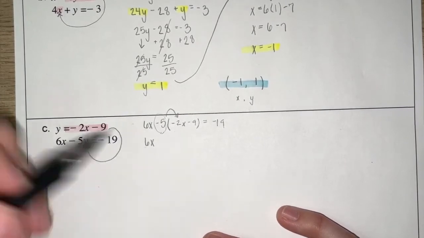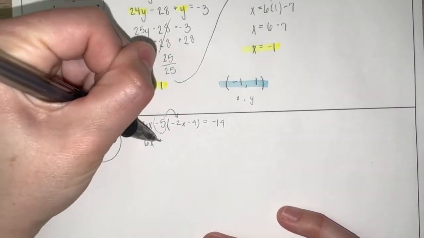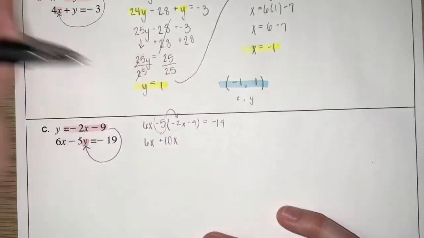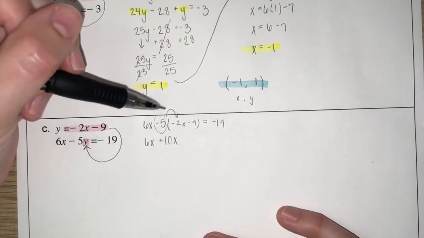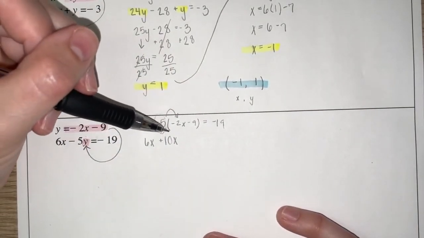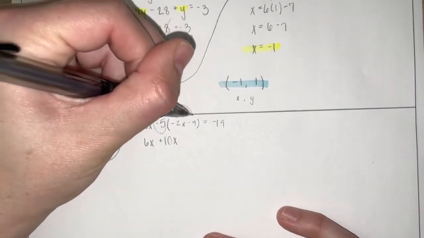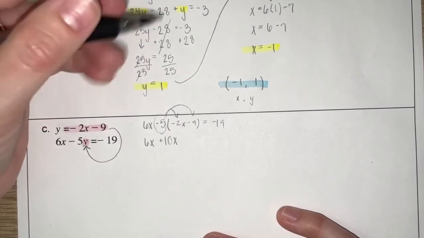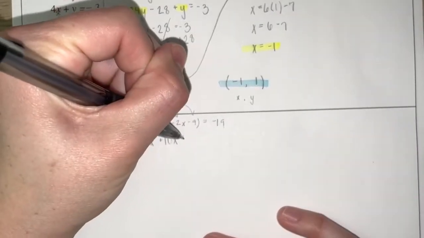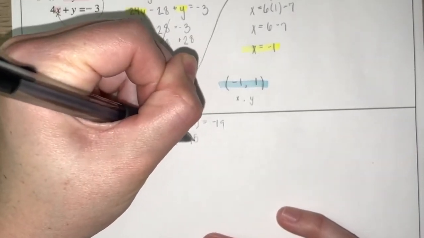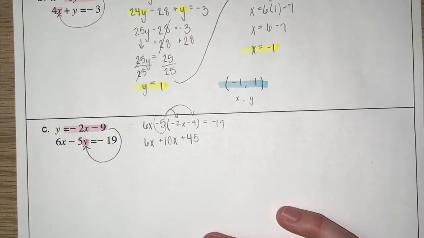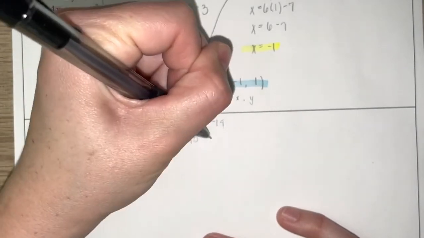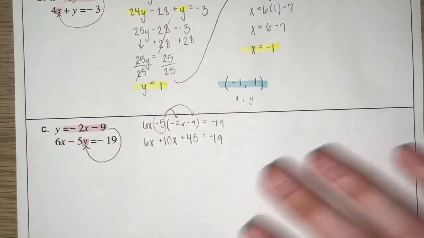Negative 5 times negative 2 is positive 10, and that x just tags along. So negative 5 times negative 2x is positive 10x, and negative 5 times a negative 9 becomes a positive 45. Remember, a negative times a negative, or an even amount of negatives multiplied together, becomes a positive. And then equals negative 19.